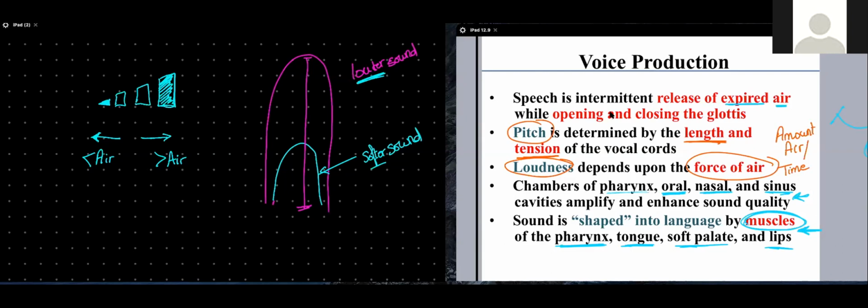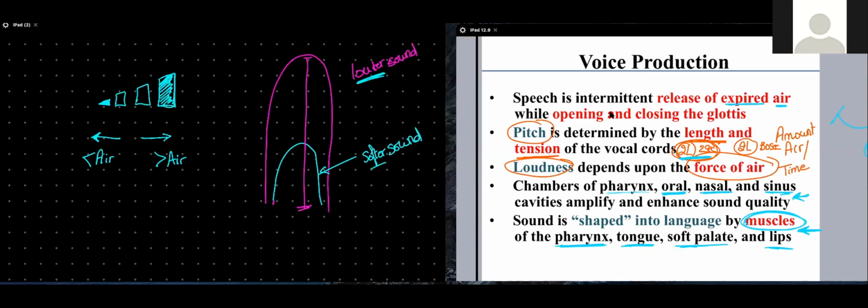So you might be moving 2 liters of air out of your lungs, but over 30 seconds. And you might be moving the same amount of air, 2 liters, but in 2 seconds. So which one is going to have a greater force? The one with less time.